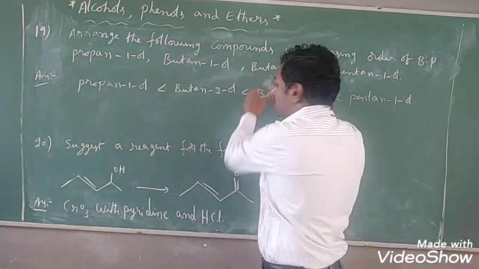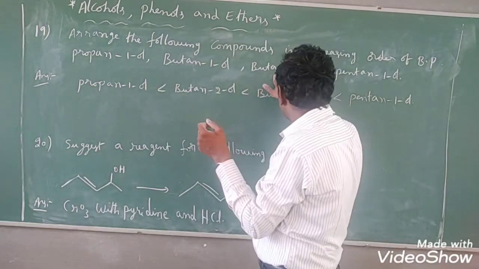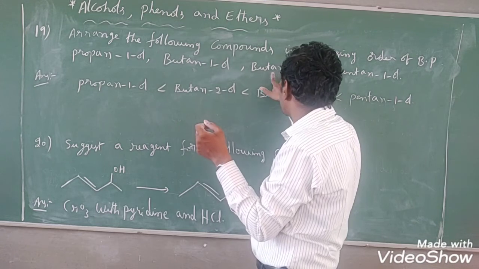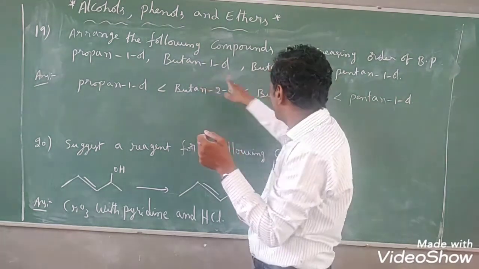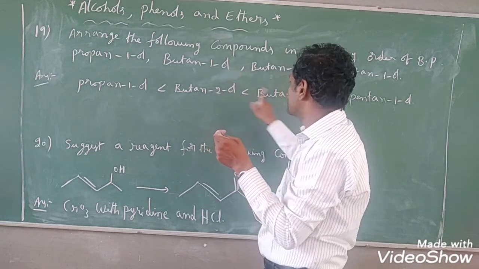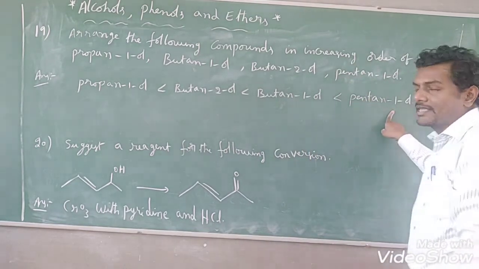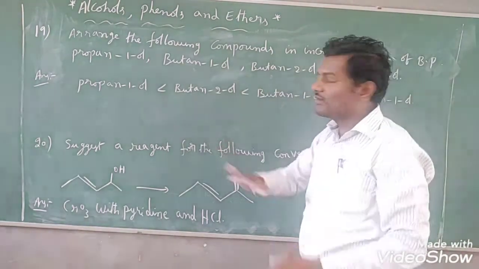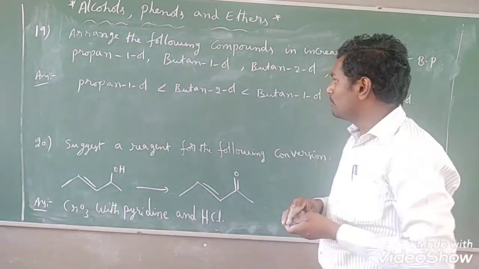But here the OH group is present at the second position, so branching is present. Due to the presence of branching, it can boil easily. So butan-2-ol comes next. Due to the absence of branching, butan-1-ol has the next highest boiling point compared with this. And the next highest is based on molecular mass, pentan-1-ol, which is the highest boiling point, students. Like this we have to arrange the given compounds in increasing order of boiling points.